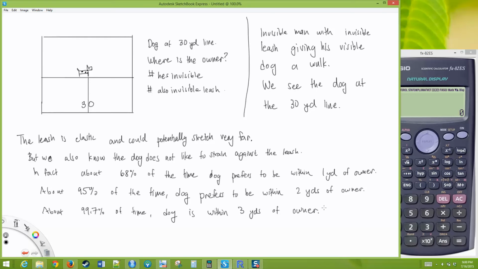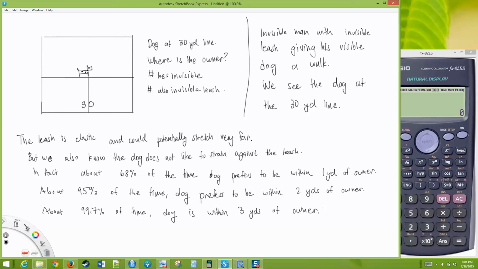Okay, so based on this information, and we see this picture was taken, and we see the dog at the 30-yard line, where can we say the owner is located? Or what can we say about the location of the owner?